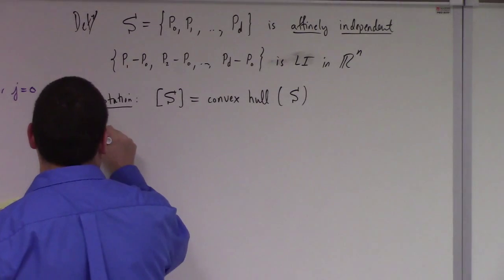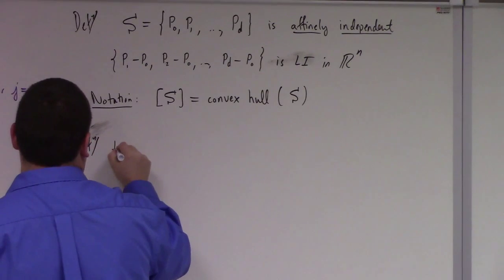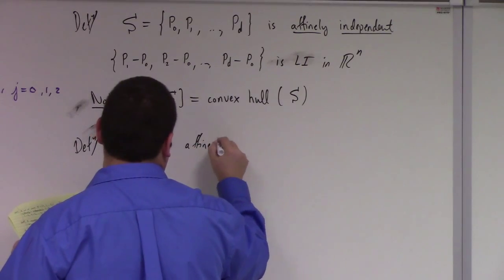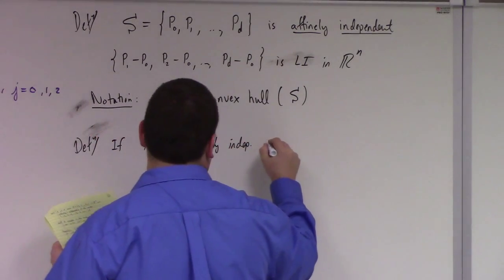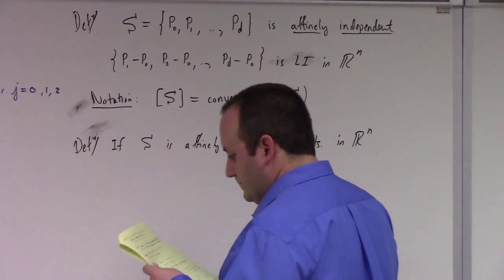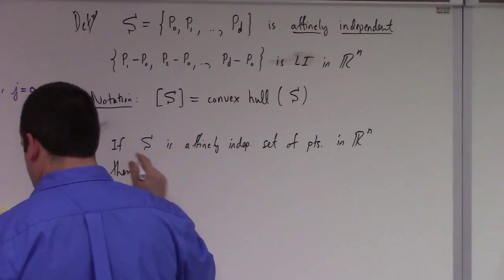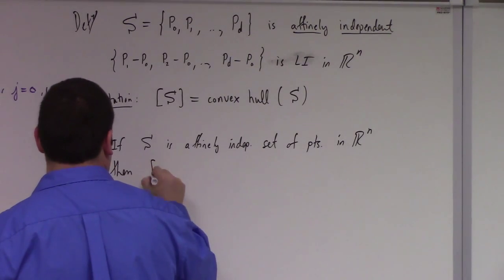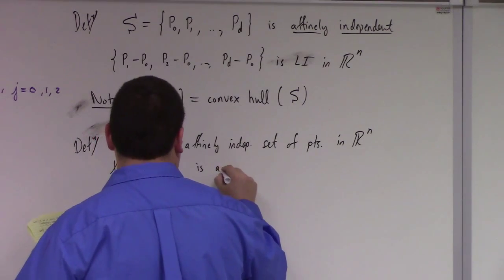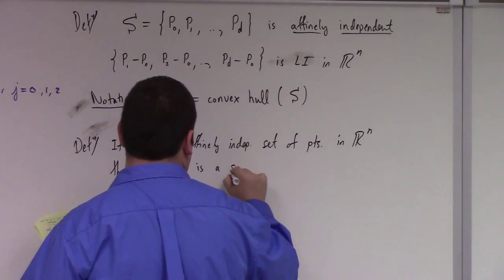Well, next definition. If S is an affinely independent set of points in Rn, then the convex hull of those points is a simplex.